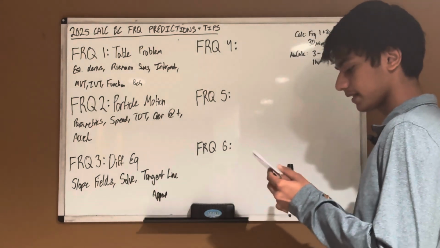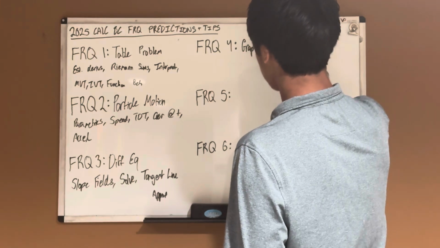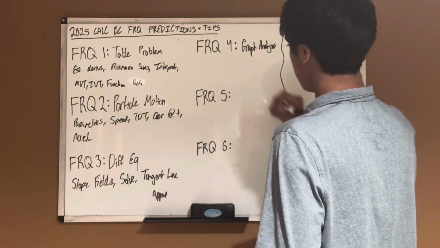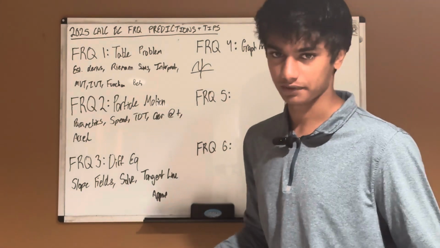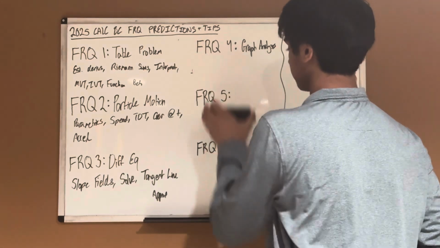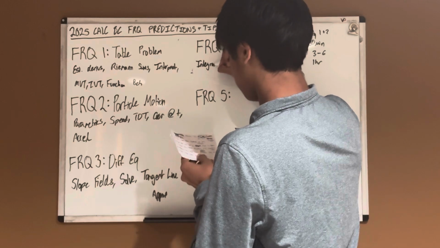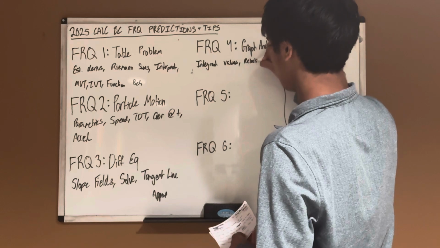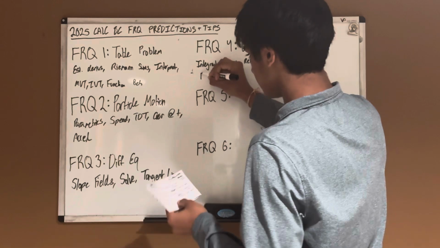Okay, FRQ4. This one I predict is going to be a graph analysis question. They're going to give you a graph of f prime, or f double prime, but usually f prime, and it'll ask you some basic questions about it, like integral values, relative mins or maximums, FTC.